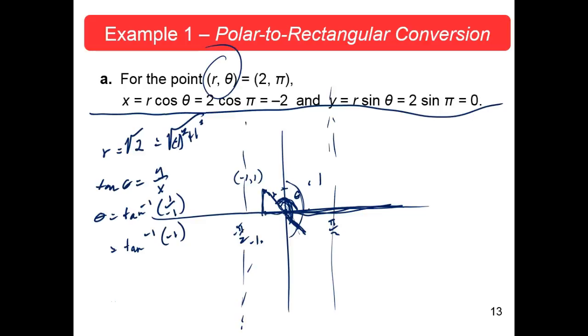What's the angle measurement of a straight line? How far did I travel? 180 degrees, which is how many radians?